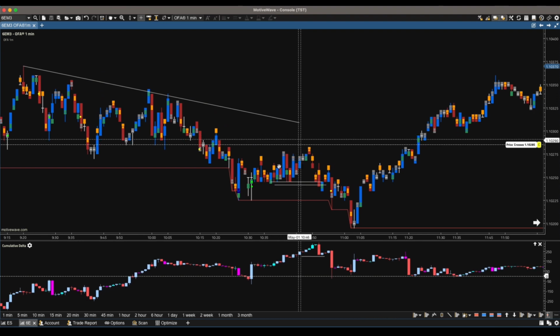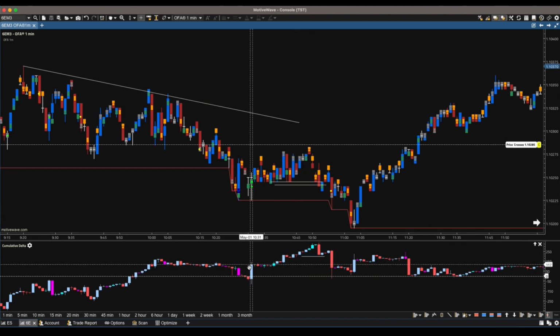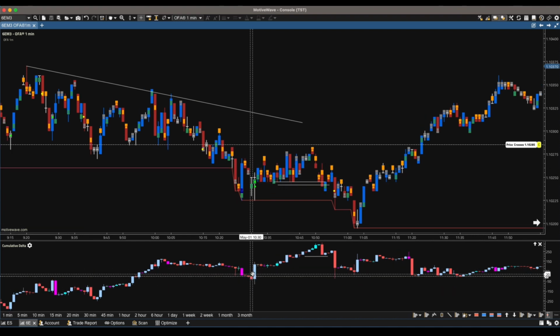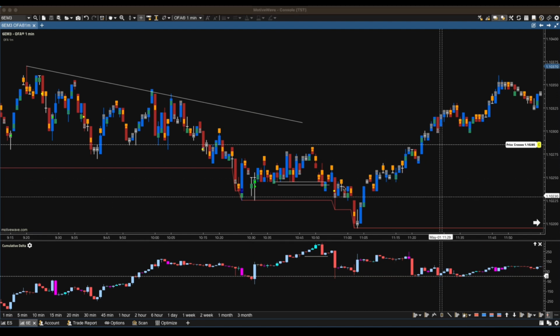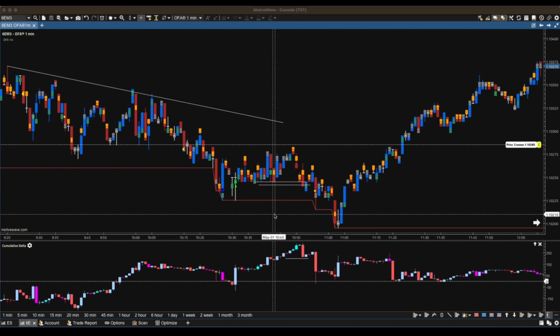Okay, so again, we have breakout structure here, but it is not followed by the price. Okay, so basically, yeah, we have a strong buyer pressure which is not followed by the price.